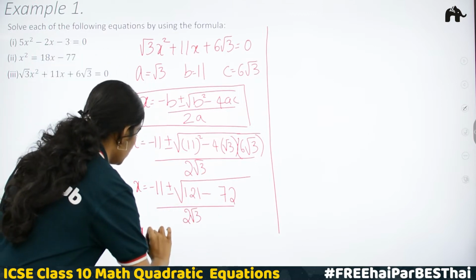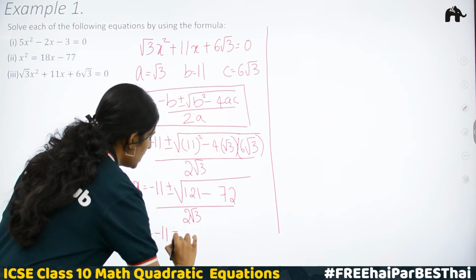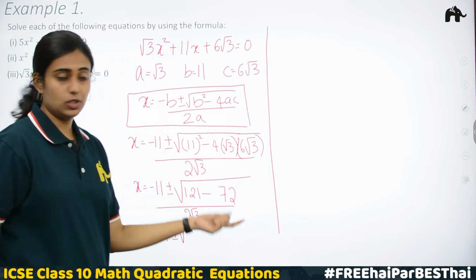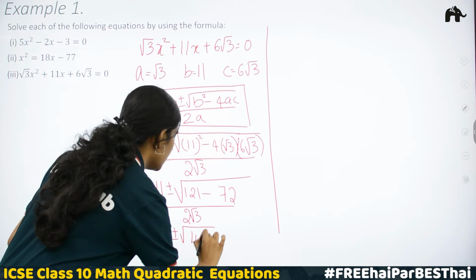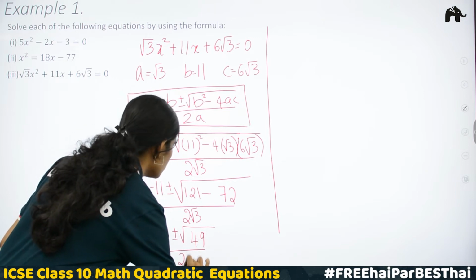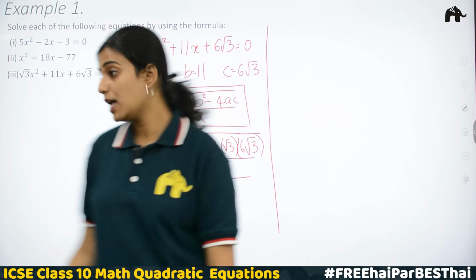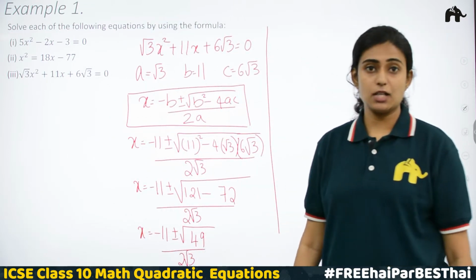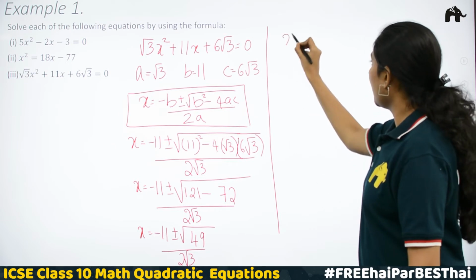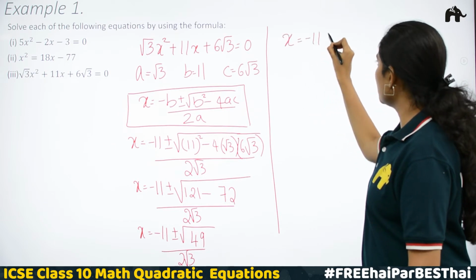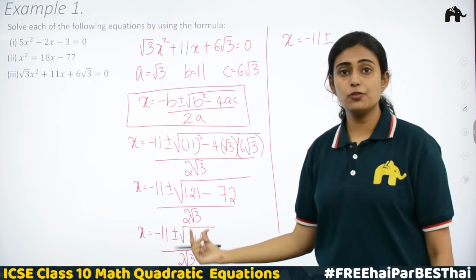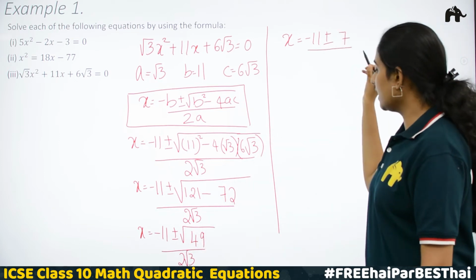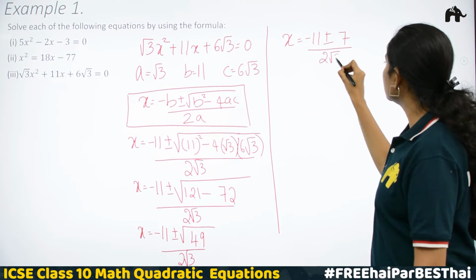x is equal to minus 11 plus or minus root of 121 minus 72, that is 49, divided by 2 root 3. Okay? Minus 11 plus or minus root 49 divided by 2 root 3. What is root 49? 7. 7 divided by 2 root 3.